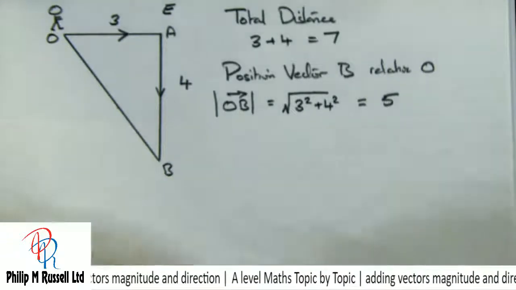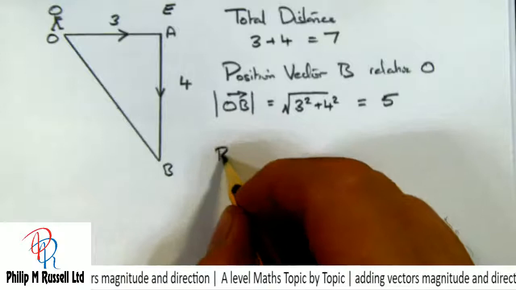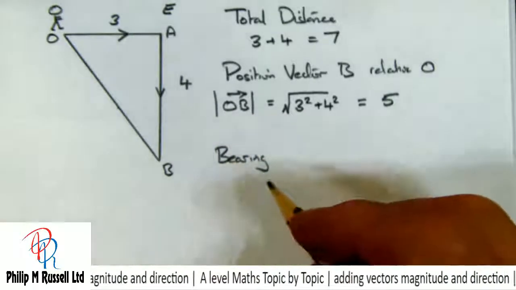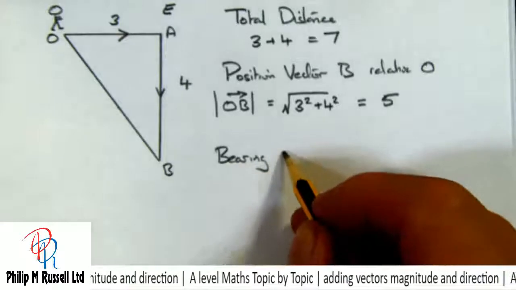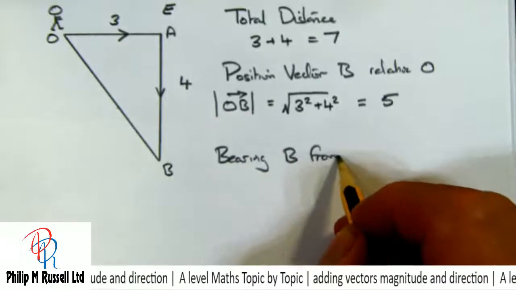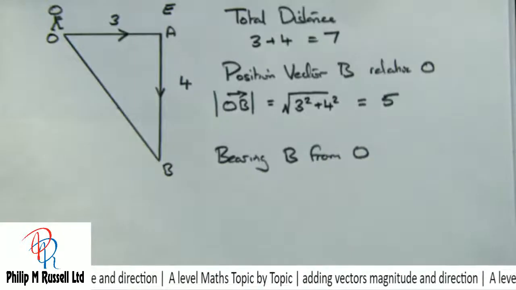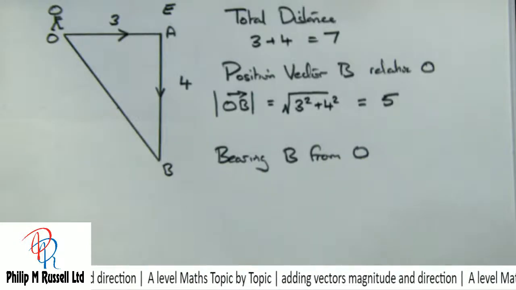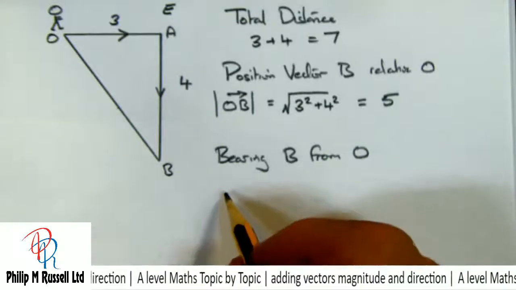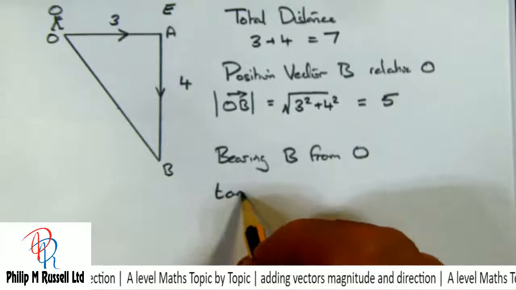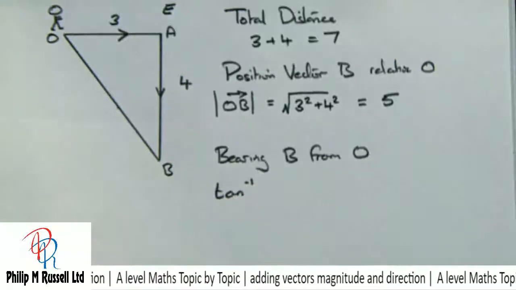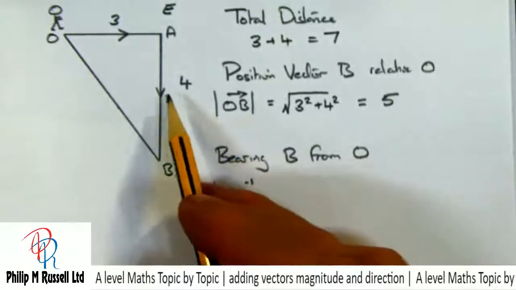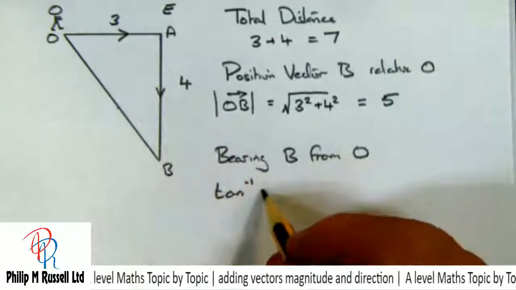Can we work out perhaps the bearing? We're looking at the bearing of B from O. Easy enough to work out this one. This is going to be tan^-1, let me put in the -1 so that I remember what we're doing, and this is going to be my opposite over my adjacent.